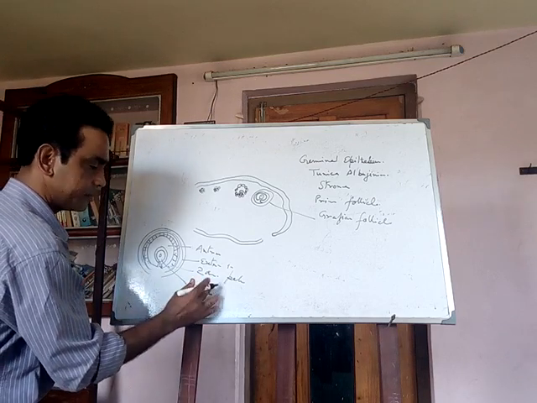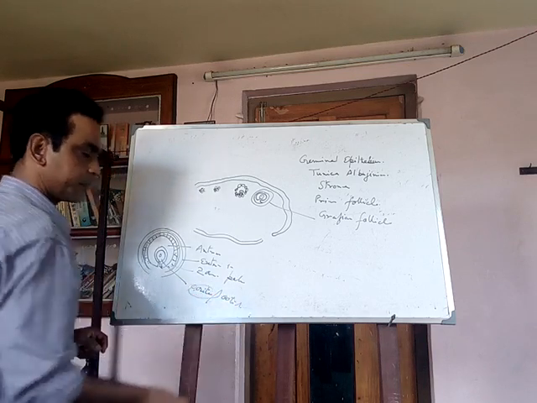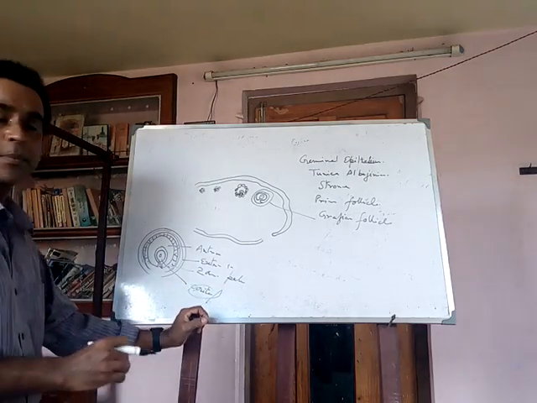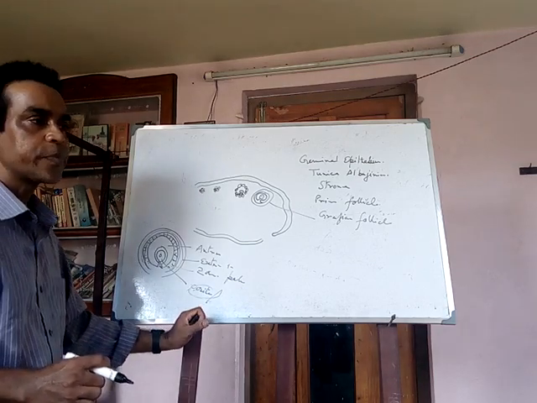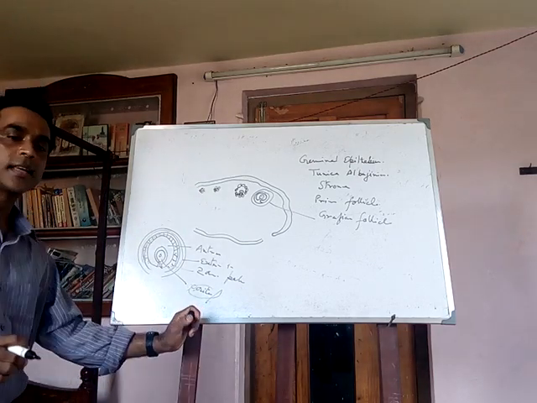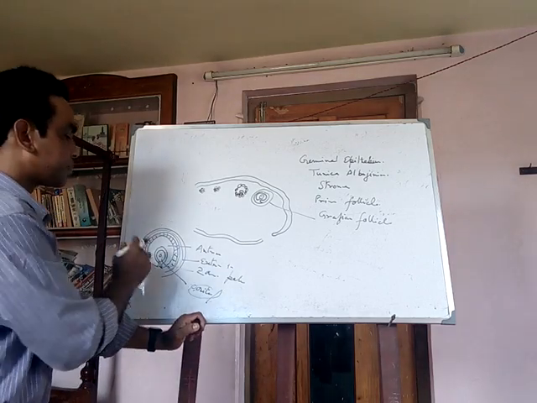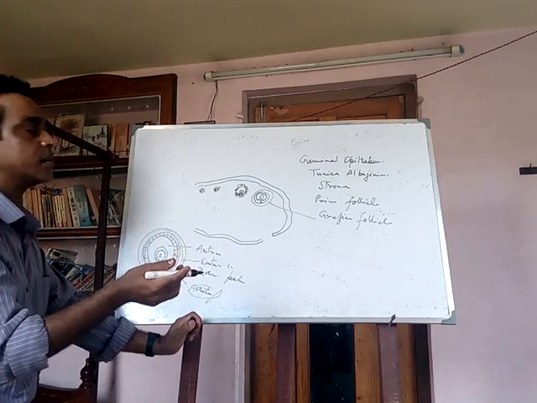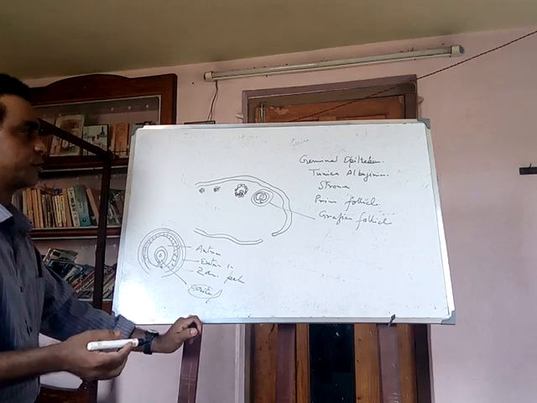The oocyte is the most appropriate form of this type of cell when it meets with the sperm. The formation of the oocyte is the process of gametogenesis, called oogenesis.